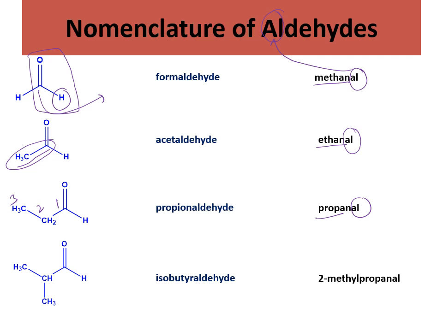Similarly, when we go to this last molecule on the slide, 1, 2, 3, the longest chain you get is the chain of three carbons, that is propane. So we write propane and we are adding al, so that makes it propanal. On the second carbon, what you see is a methyl branch. So that branch is also mentioned here, 2-methyl propanal. So that makes it the IUPAC name, 2-methyl propanal.